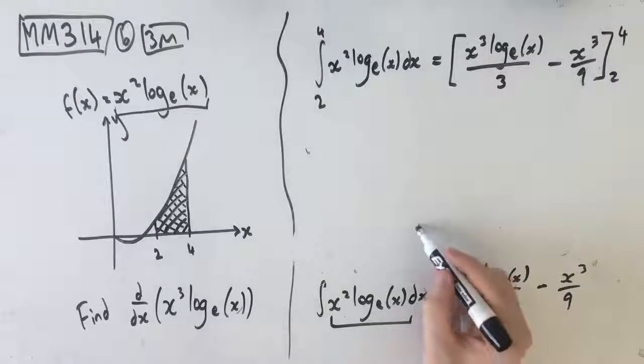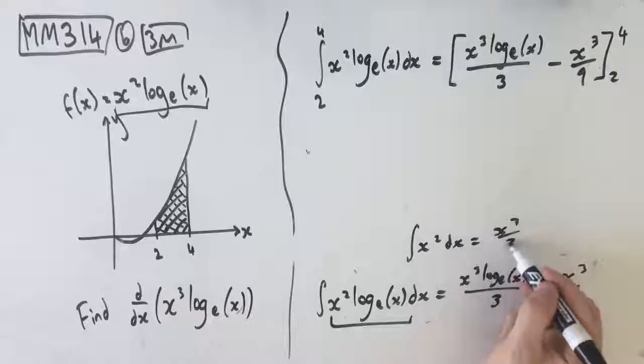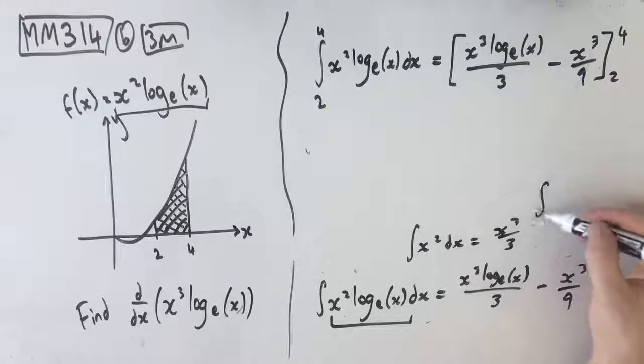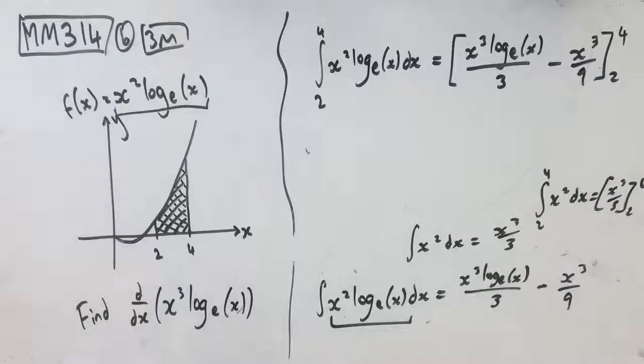It'd be exactly the same as if we said the integral of x squared dx is equal to x cubed on 3, and then we said, therefore, the integral from 2 to 4 of x squared dx equals x cubed on 3 from 2 to 4. Exactly the same thing. It's just a bit more weird because we're not used to seeing these sort of layouts.